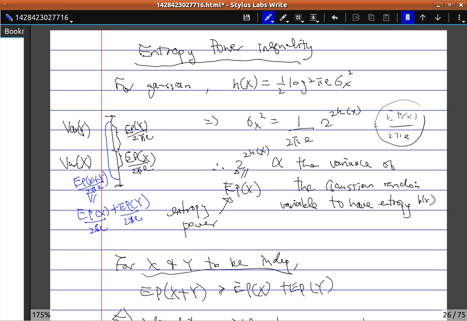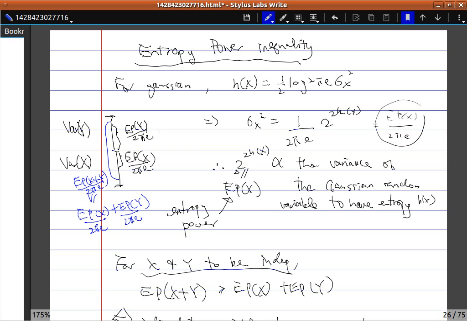One thing we know from an information theory class is that the Gaussian random variable is special in the sense that it has the largest entropy for a fixed variance, or in other words, if we have a fixed amount of entropy, Gaussian random variables will have the smallest variance.